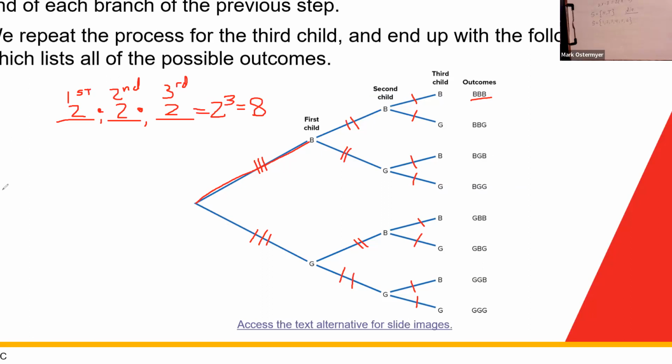So if order matters, we have a permutation. We're going to try to have 3 children, and there are 2 possible arrangements for each child. This is called a permutation. Now, the permutation formula, n permuted r ways, is equal to n factorial divided by n minus r factorial.